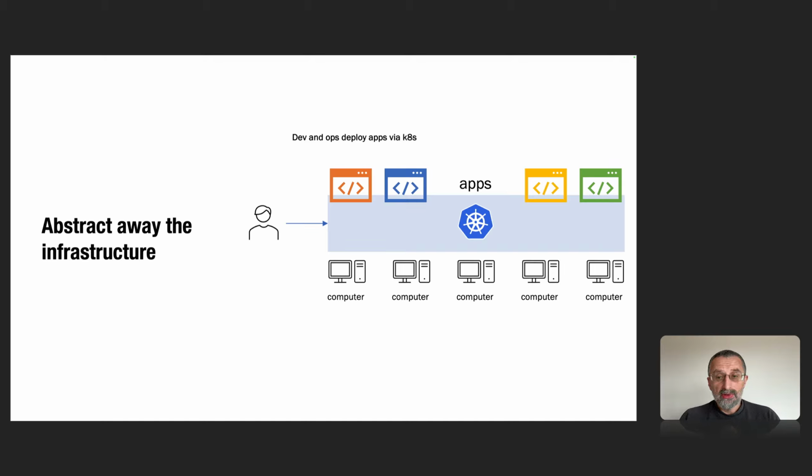So the most important benefit and the main goal behind Kubernetes, as the idea, as the system, is to abstract away the infrastructure from the developer. So imagine that you would like to install your app, whatever app it is, on hundreds of computers.